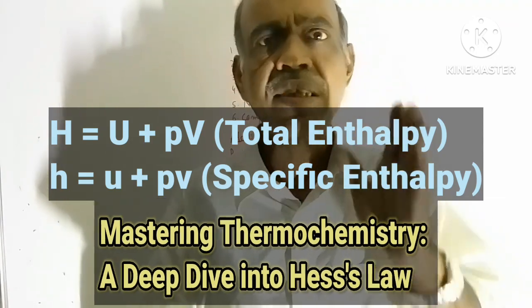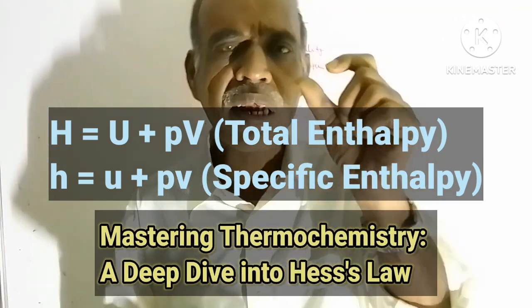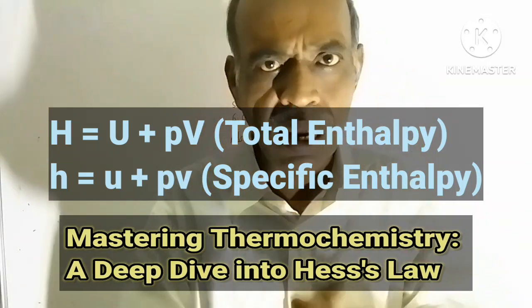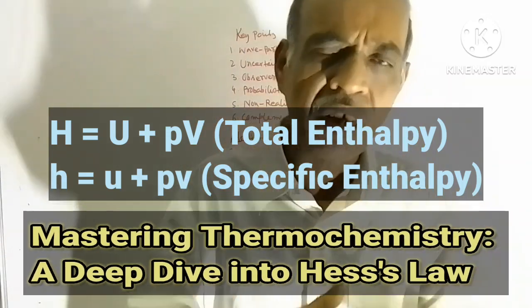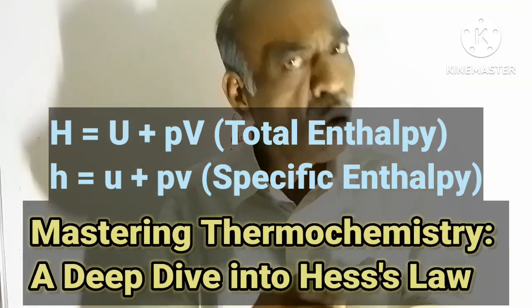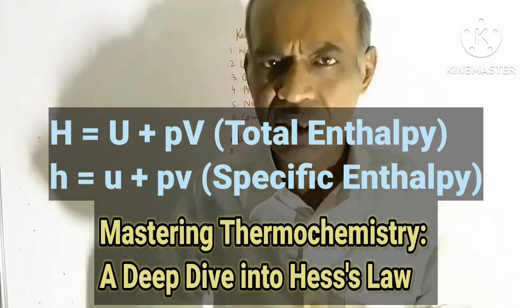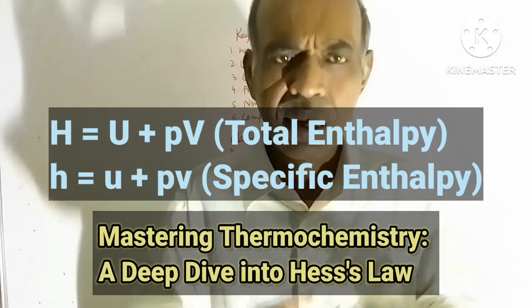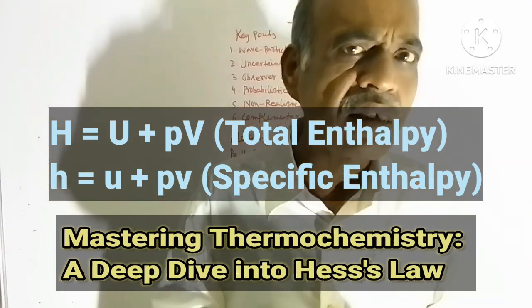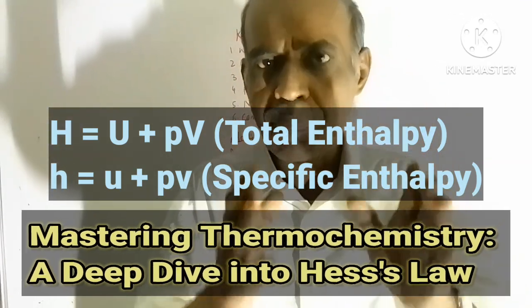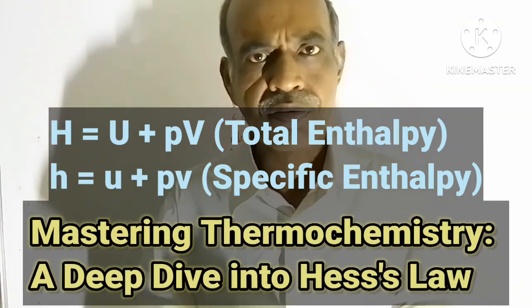Whenever you write capital H, it means total enthalpy, which depends upon mass. And whenever you write small h, which is normally the convention, it is the enthalpy per unit mass.